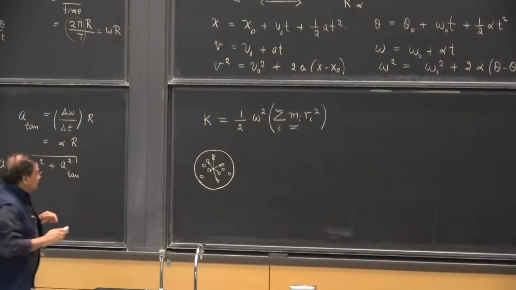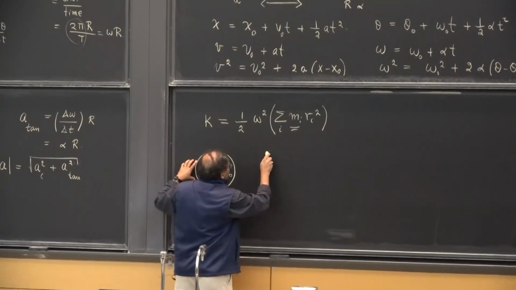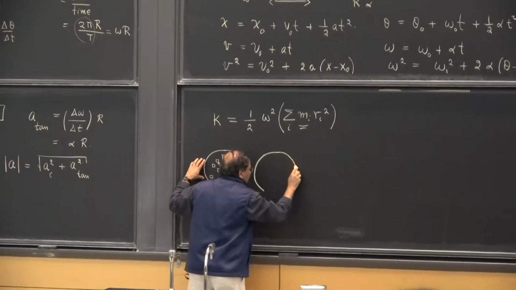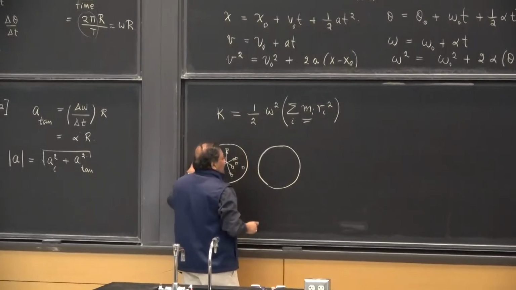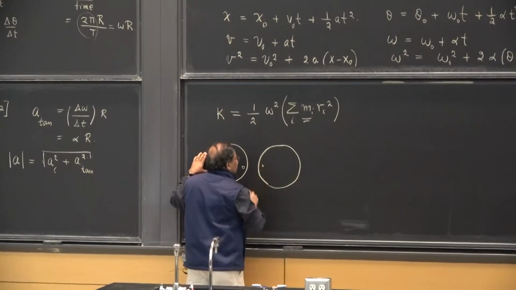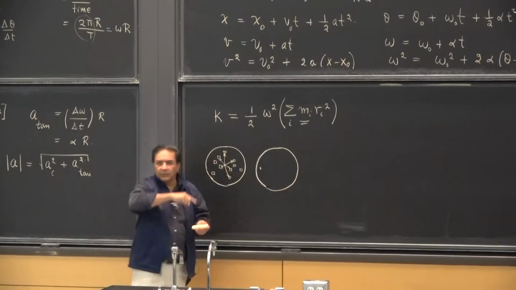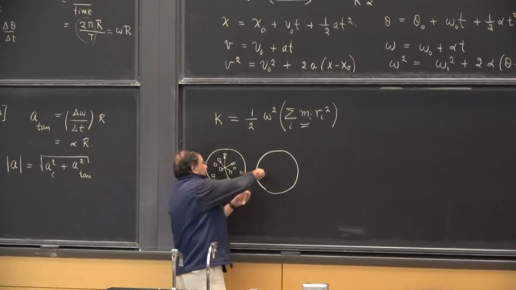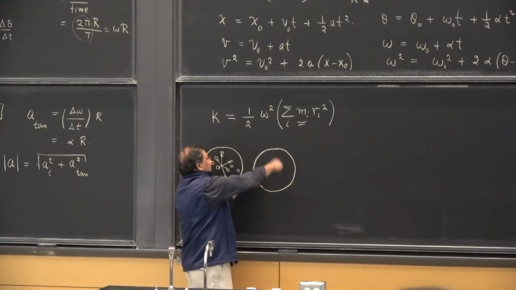So what this means is, if I take the same disk, but instead of putting the axis in the middle, I put the axis here, then of course the disk would be rotating in a different way. So in other words, this is the axis and this disk is rotating, right?